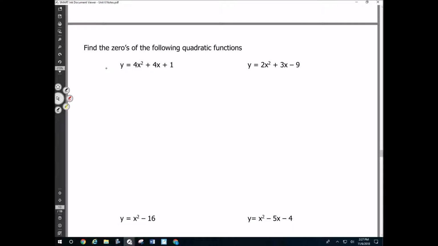Let's look. 4 times 1, 4. 4. Can I factor this? Two numbers that multiply to get 4 and add to get 4? Yeah, I can factor it. So maybe you factor this one. Let's see this one. 2 times negative 9, negative 18. 3. Two numbers that multiply to get negative 18, add to get 3. Yeah, I could do that.